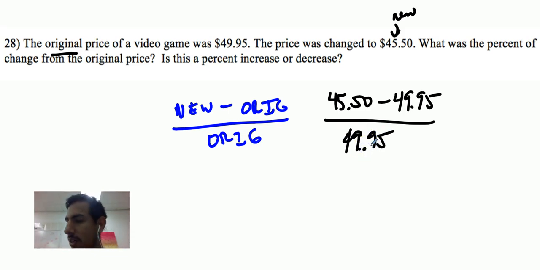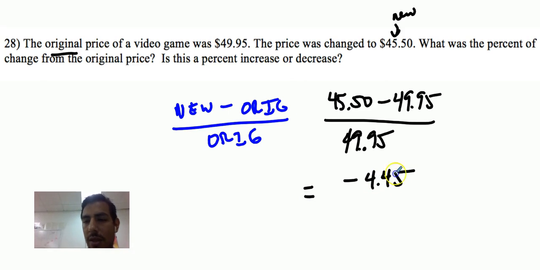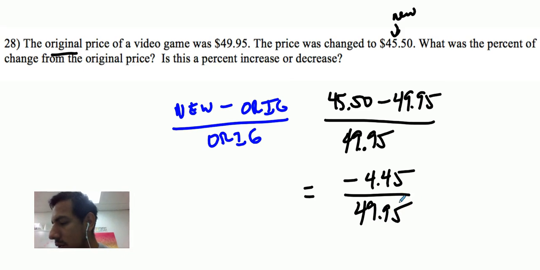And let's see what we get here. 45.5 minus 49.95. Ooh, that's negative 4.45. Divide that by 49.95. We get negative 0.089.